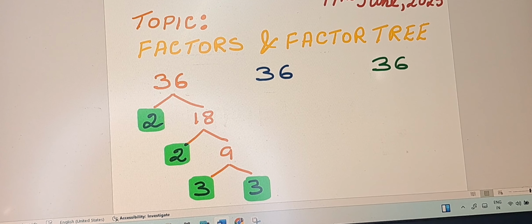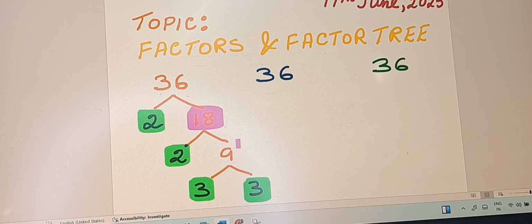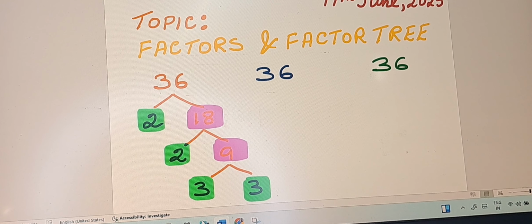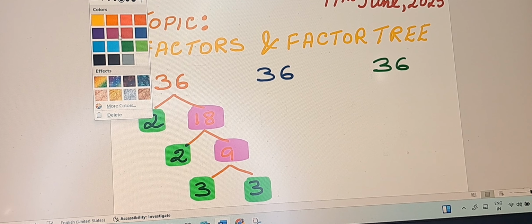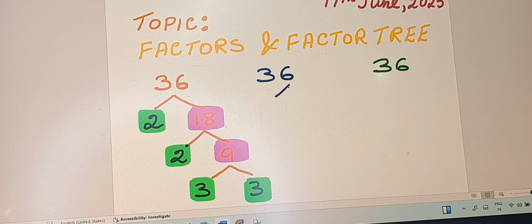There are two numbers left in the factor tree, that is 18 and 9. These are composite numbers. So in the first factor tree, the prime numbers I have represented with green color, and the composite numbers with pink color, so that it will be easy to identify which are prime numbers and which are composite numbers.